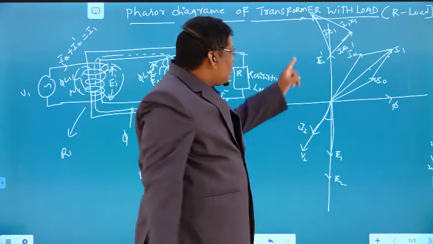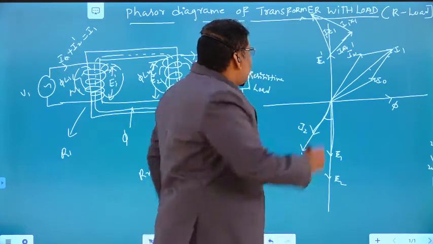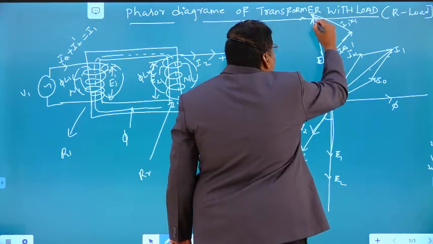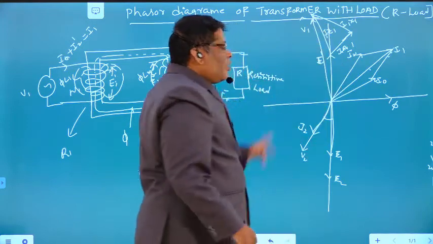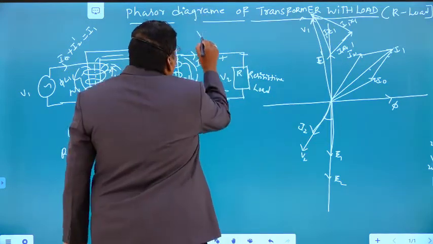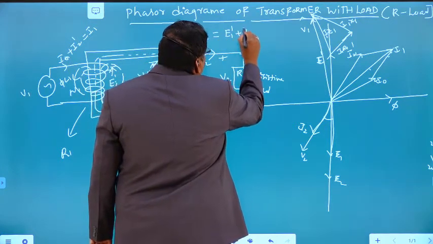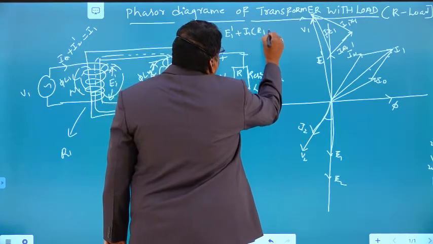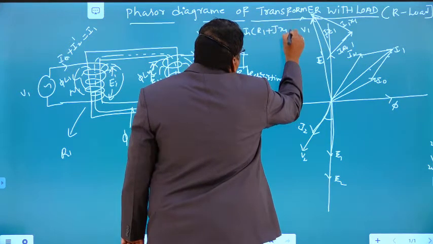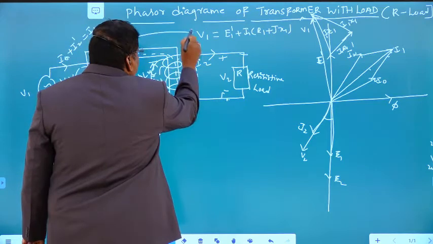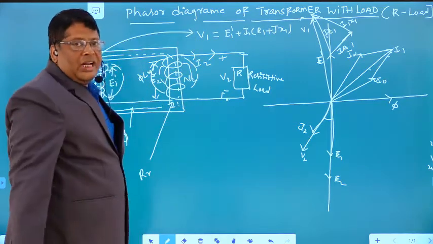If you find the phasor sum of E1 dash and I1 Z1, that is V1. This is V1. Now we can write the voltage equation here: V1 equal to E1 dash plus I1 into (R1 plus JX1). This is the voltage equation for the primary winding of a transformer.